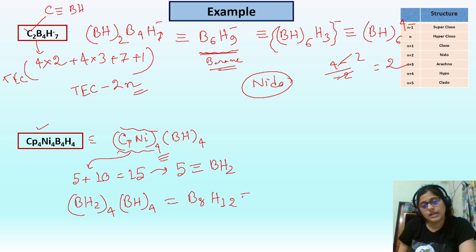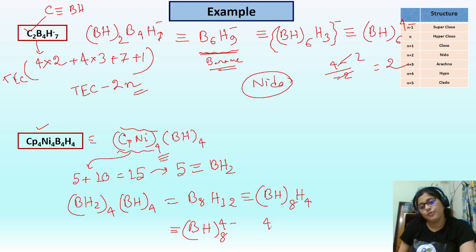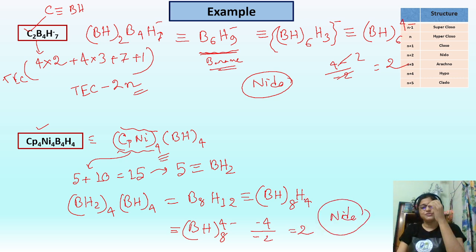Yes, 12. Now BH unit is 8 and H is 4. Means BH whole 8, 4 minus 4 minus 2, that is 2. That is also nido. Okay, the answer here is also nido.